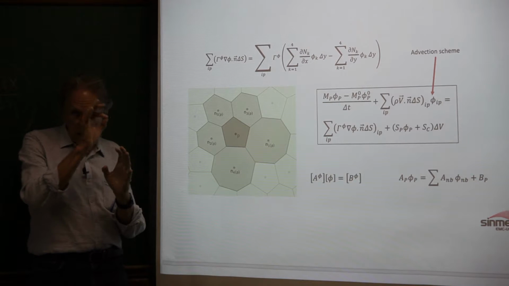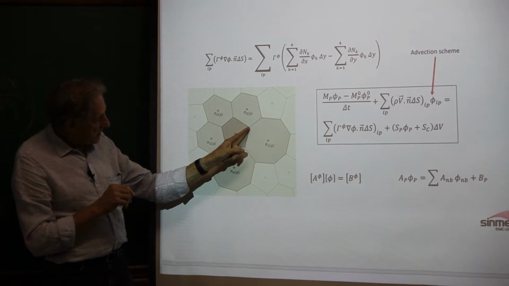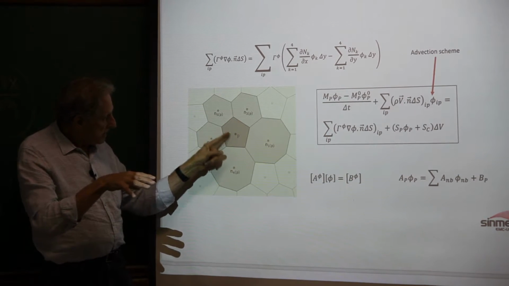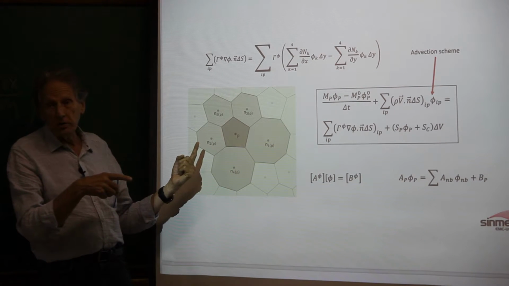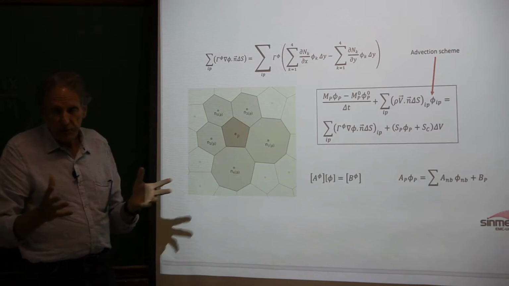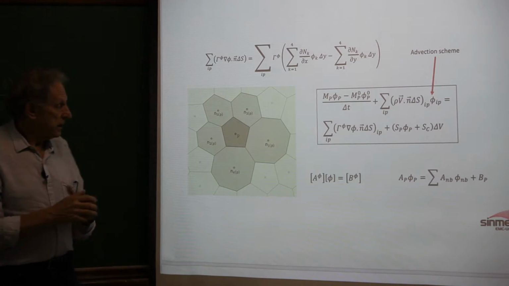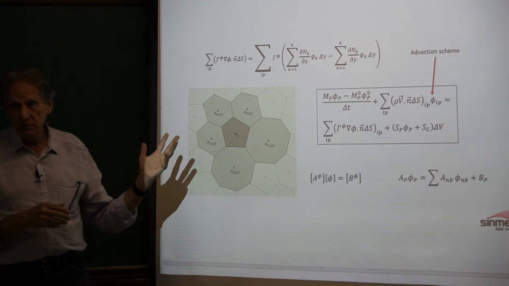You involve the nodal points here, because this is already the control volume, but this grid was constructed, let's say this is a polygonal grid, with triangular elements, and then we will have a system like that, with a stencil like that.